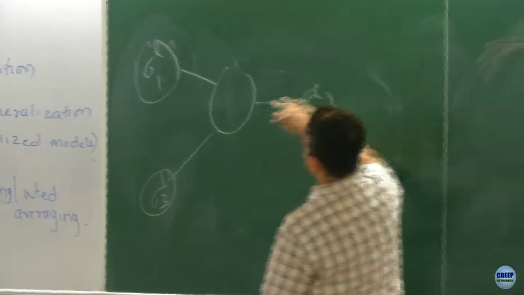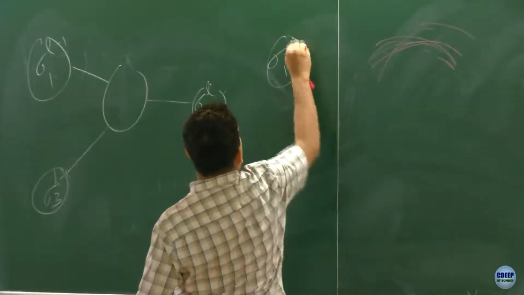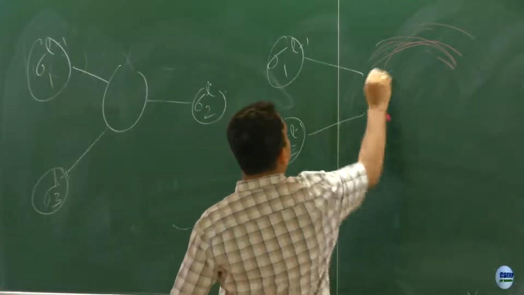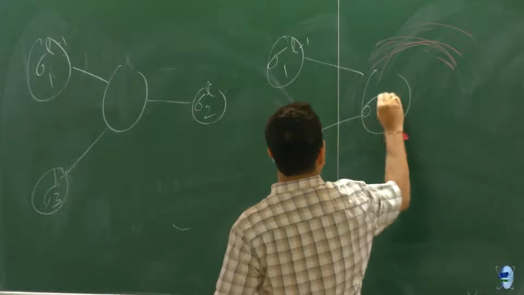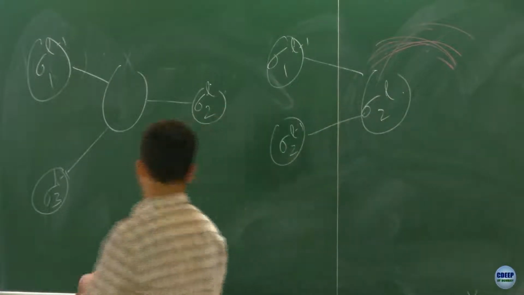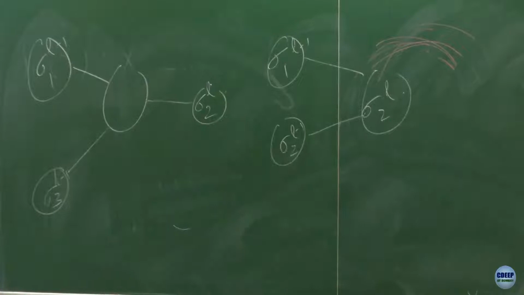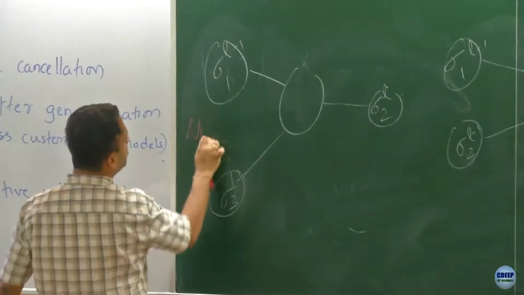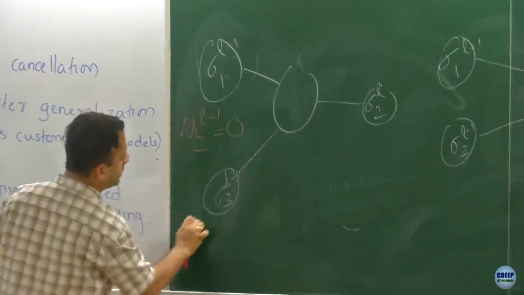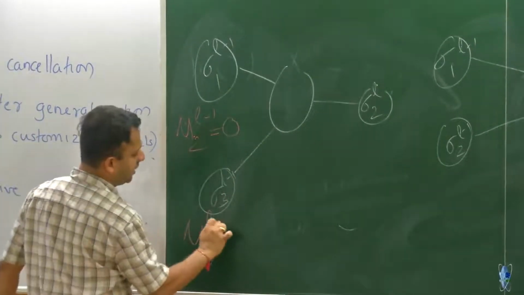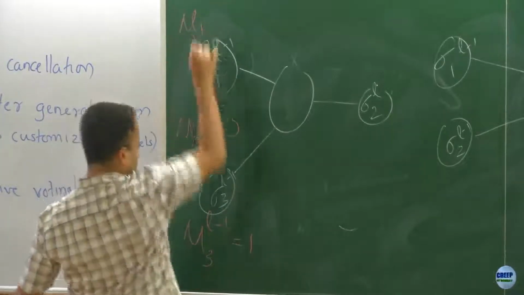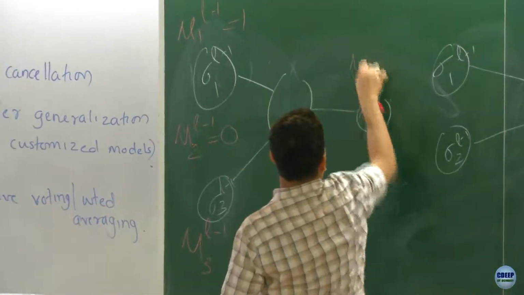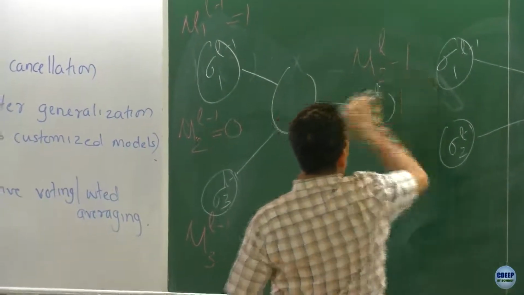There is another network which has sigma 1 and sigma 2 in the L minus 1th layer, and sigma 3 is masked out. So this corresponds to a choice of mu 2 in layer L minus 1 being 0, mu 3 in layer L minus 1 being 1, mu 1 in layer L minus 1 being 1, and mu 2 in layer L being 1.